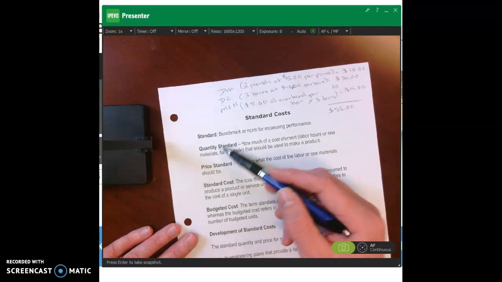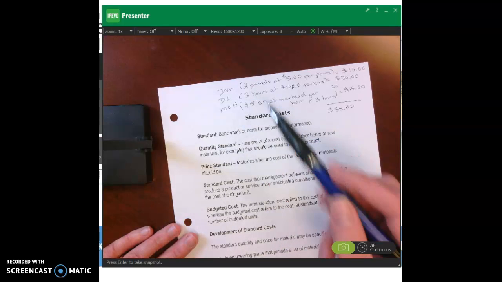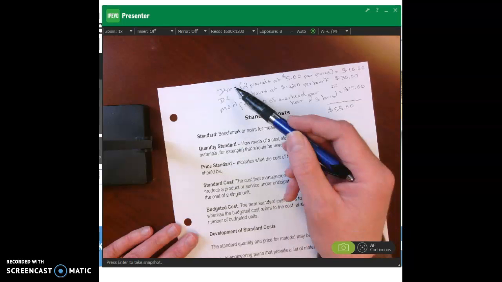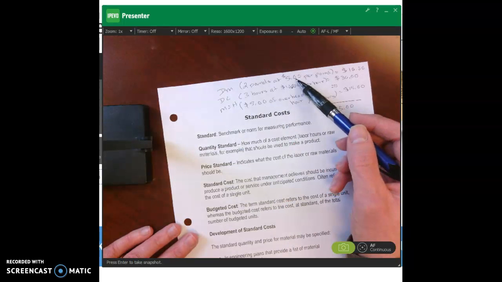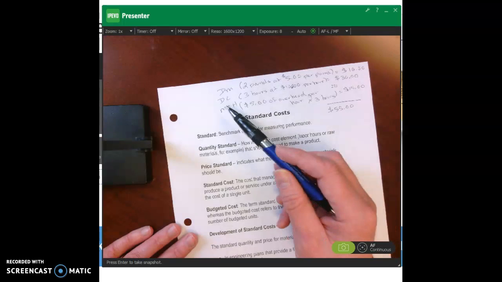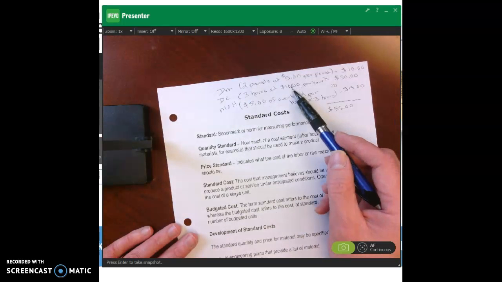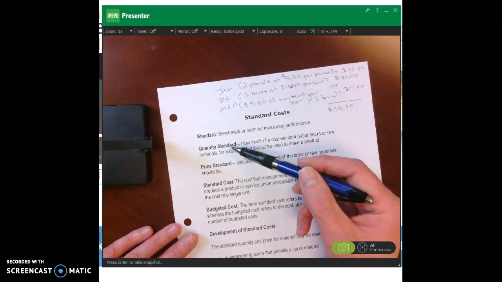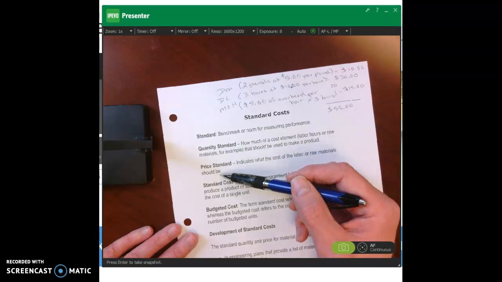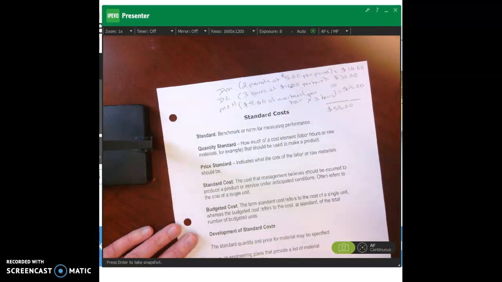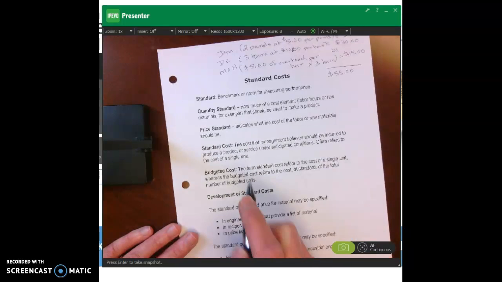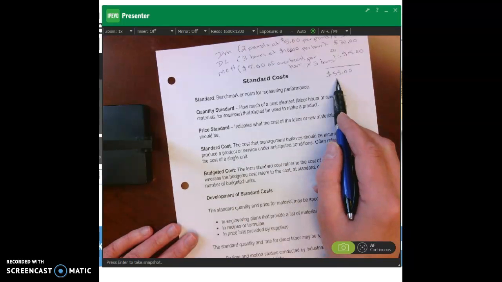My quantity standard for labor is 3 hours. My price standard for materials is $5 per pound. My price standard for labor is $10 per hour. So I can have a quantity standard and a price standard for both materials and for labor. Okay? So then this becomes my standard cost.